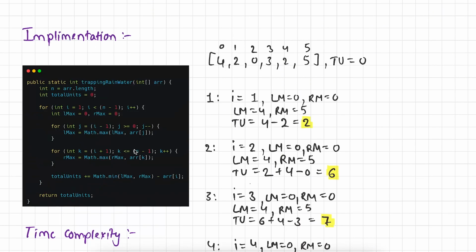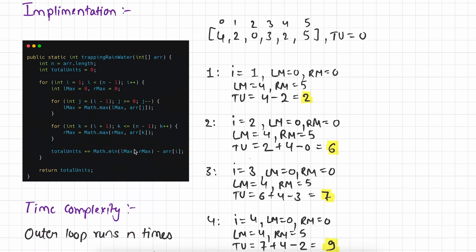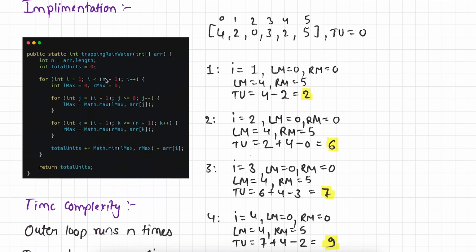So let's see the implementation of the simple approach. Here we have a function trapping rainwater, and this function takes an array as input. In the first statement we are getting the length of the array. In the second statement we are initializing total units equal to 0. And this variable keeps track of the total units of water we can collect so far. Okay.